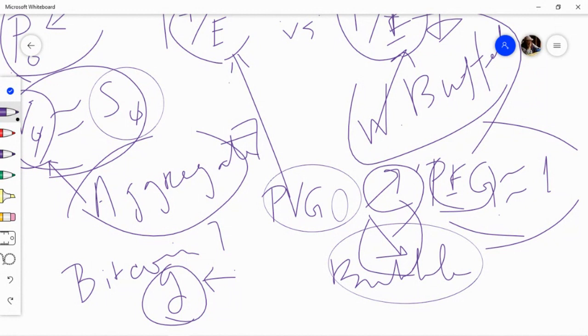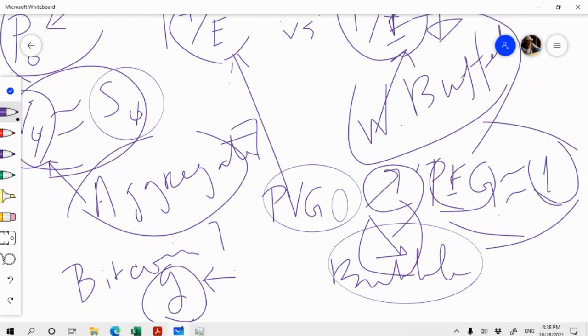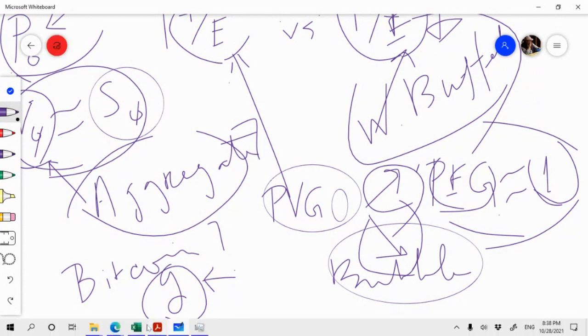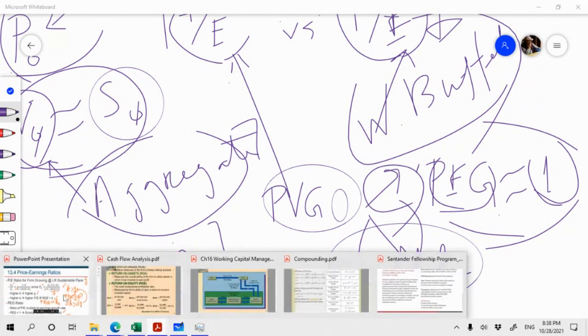But even if you arbitrarily calculate it, then you won't see anything like this PEG ratio of close to 1. You won't see that.